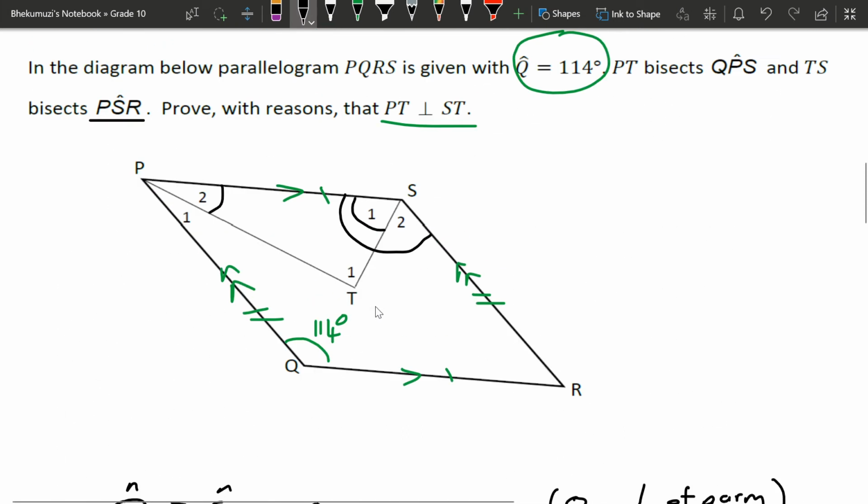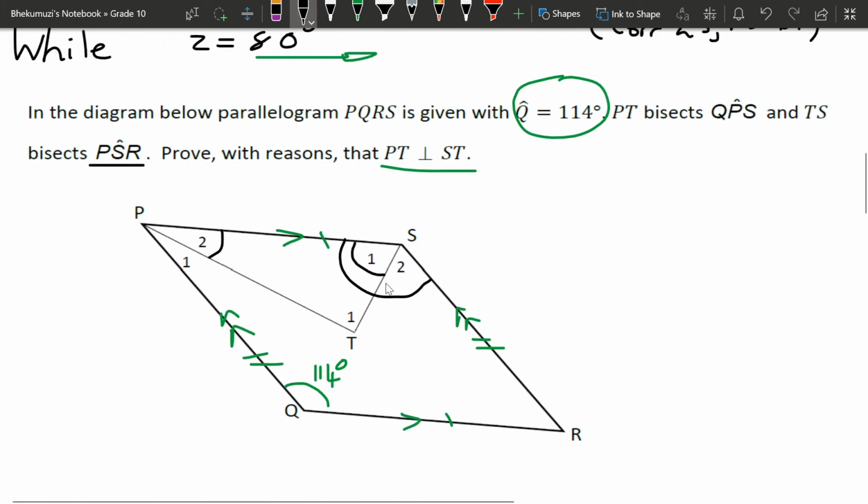And then from there, notice that as I had placed all the properties of a parallelogram, we want now to see what P would be, so that we can actually use the same argument, because we know that PT does bisect QPS again. So it does get bisected. These two angles here are half of the whole angle.